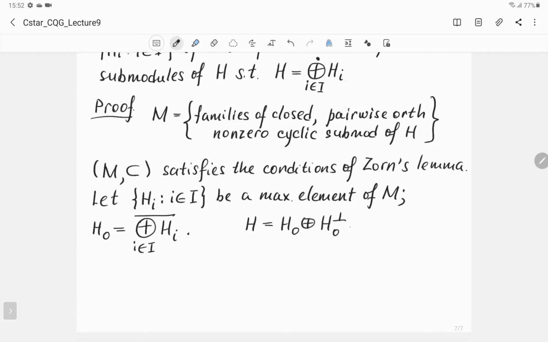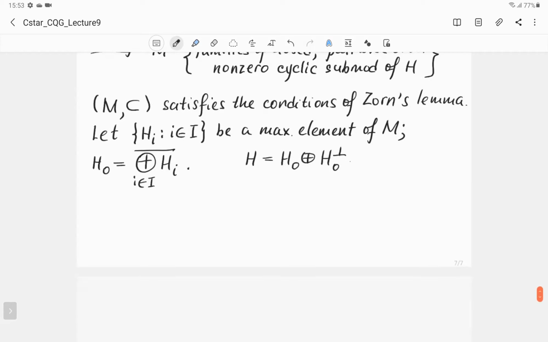And I want to show that the orthogonal complement is zero, is trivial. Well, indeed, suppose that this is not the case. So suppose the orthogonal complement is not zero, and let's take any non-zero element x in the orthogonal complement.